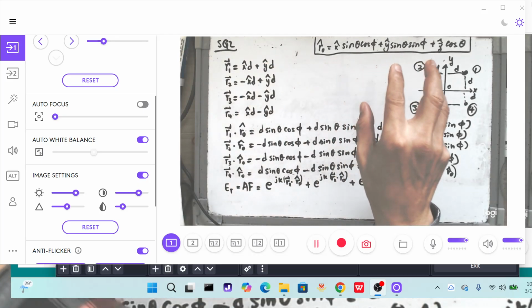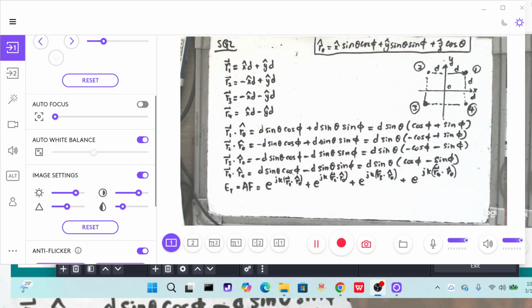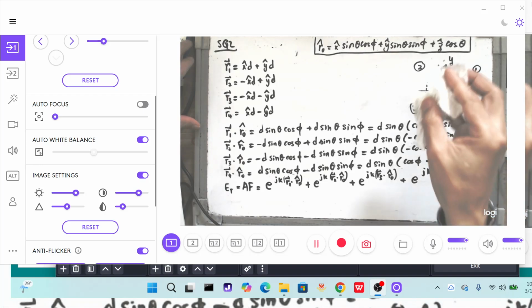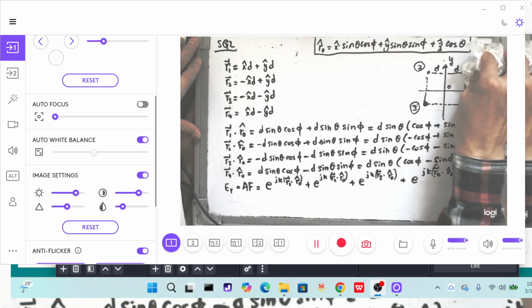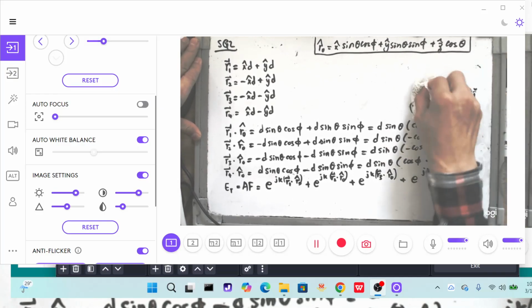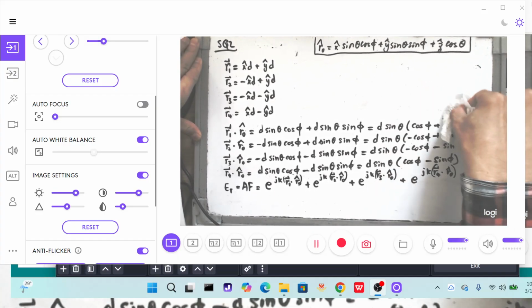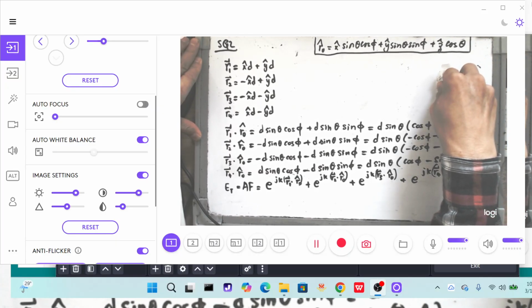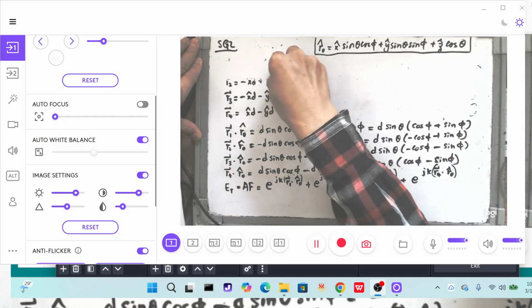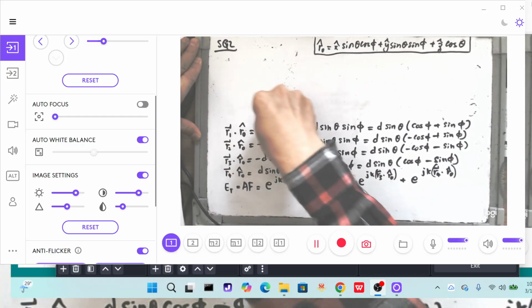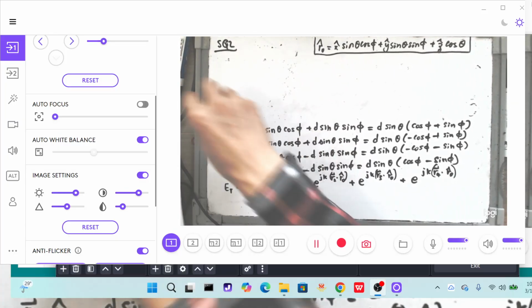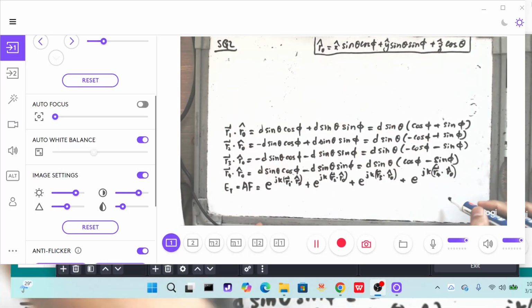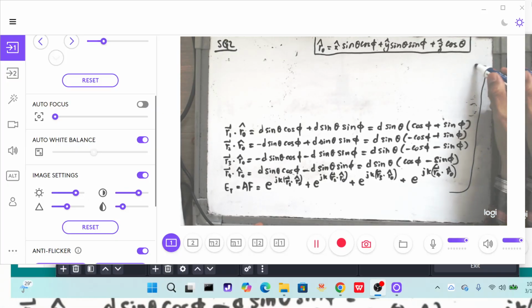Let me clean up the whiteboard. I presume you don't need this diagram anymore. Let me clean up here, and we will continue up here.